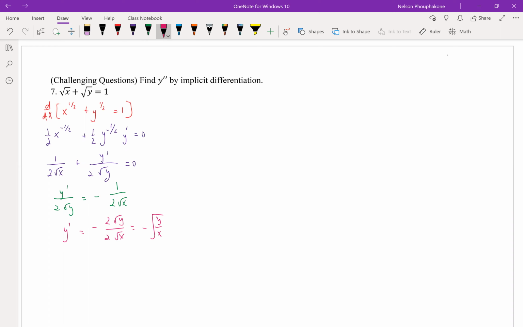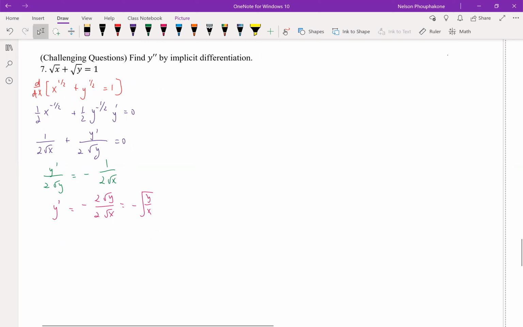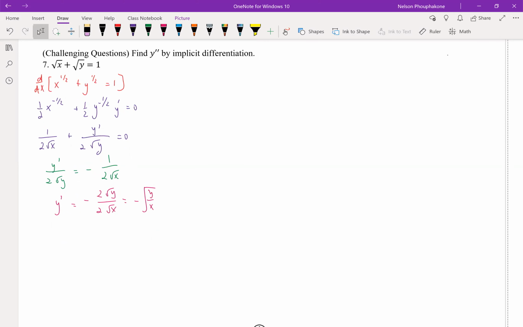So this is what we have here. Then now, let us try to work on the second derivative. Remember the second derivative, basically what we need to do is take the derivative of the first derivative, right? In this case, I will take the derivative of square root of y over square root of x.